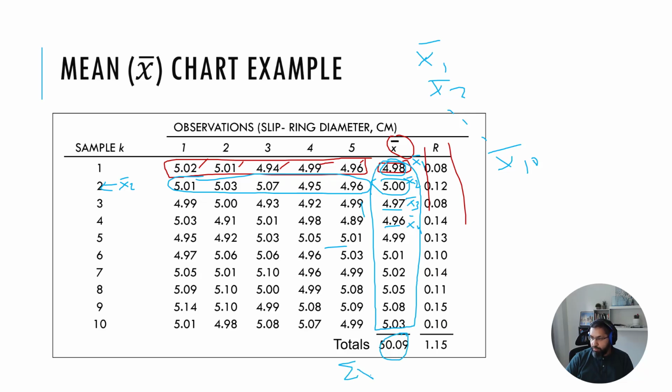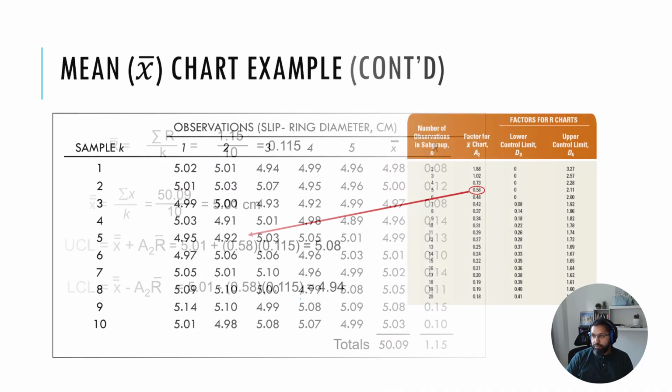That's going to give you sigma x bar, the sum of all the x bar, divided by the number of samples, k, which is 10. That will give you x bar bar. The sum of the 10 means divided by 10, because you have 10 samples, will be 5.009, or 5.01. That'll be your x bar bar.